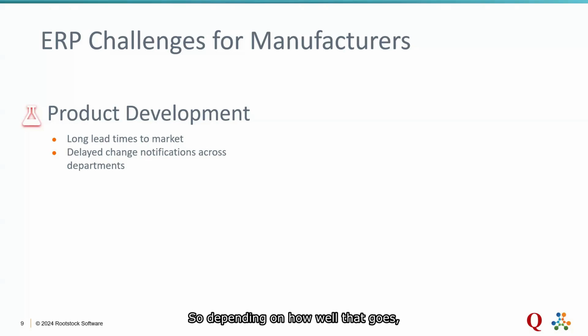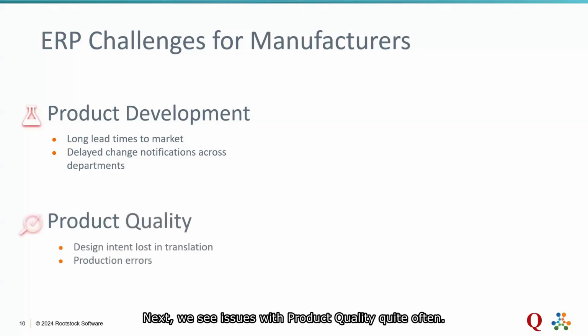So depending on how well that goes, your product development will suffer, as the engineering or design process to manufacturing time will also suffer. Next, we see issues with product quality quite often. Again, relating back to getting accurate data into Rootstock, by using something like CADLink, we can ensure that we're getting that accurate data.